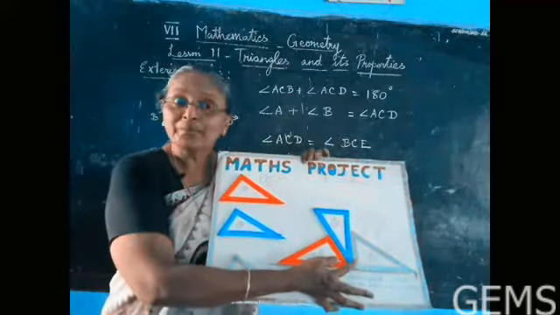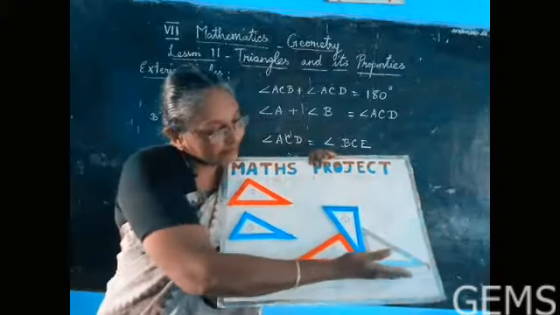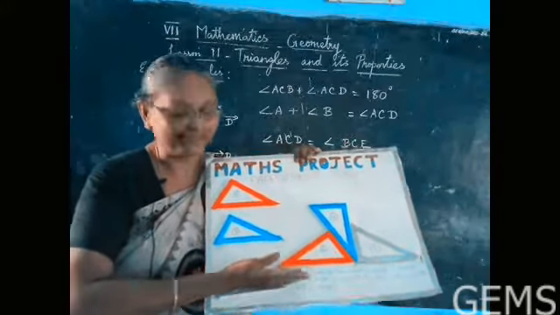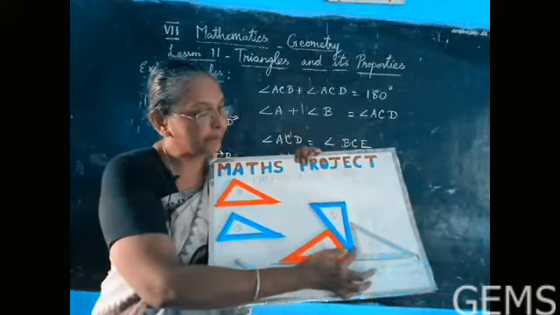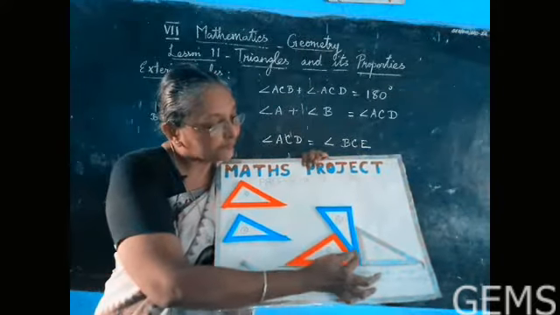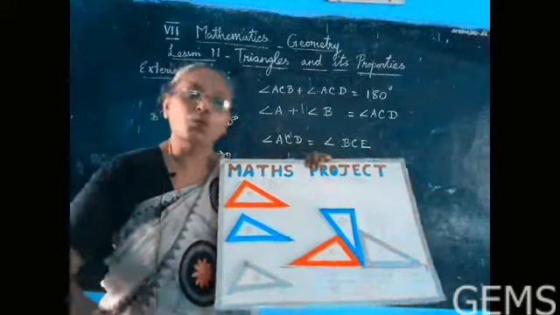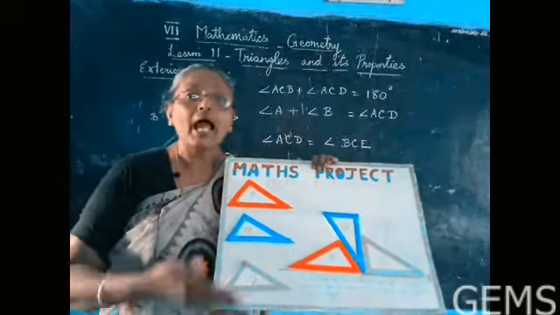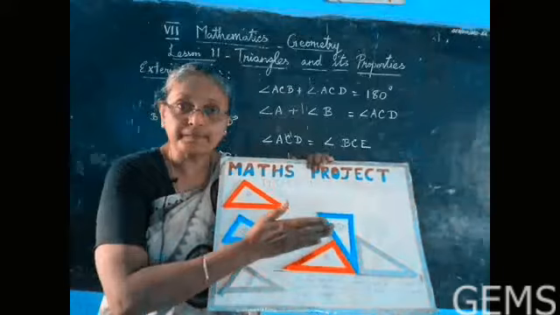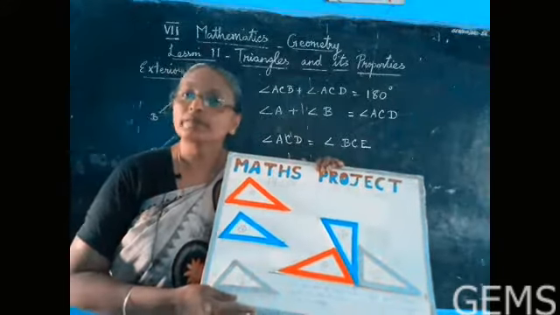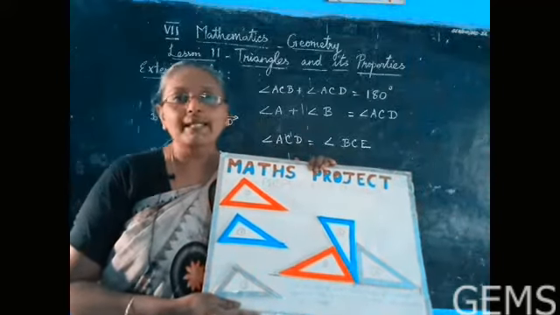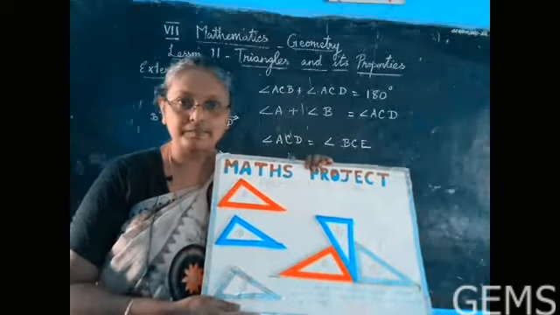If you see the triangles, all the three angles will lie on the same line. That makes the sum of these three angles 180 degrees, because we know angles which are lying on the same side of a line sum to 180 degrees. So this property can be proved by a small experiment by yourself.